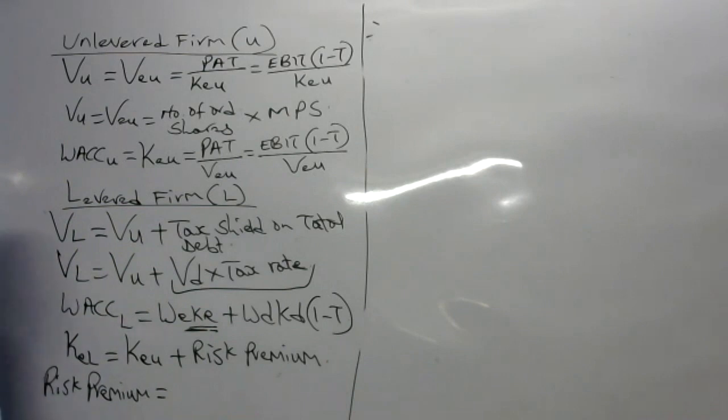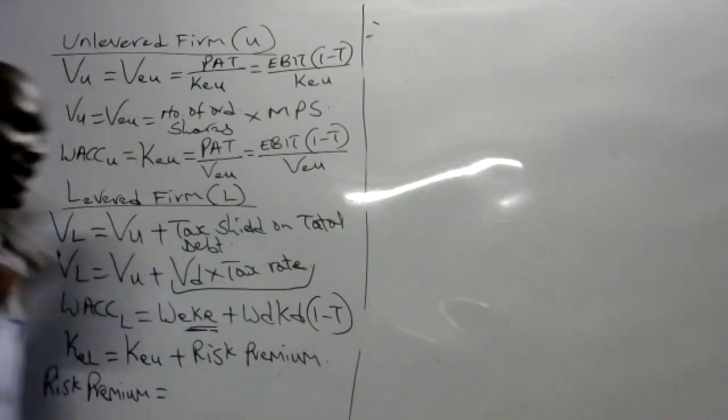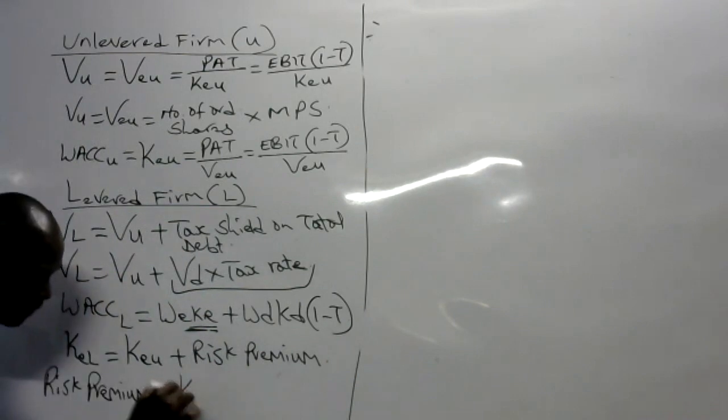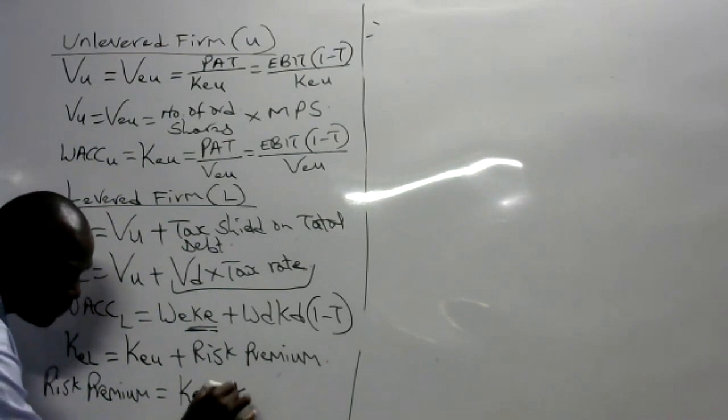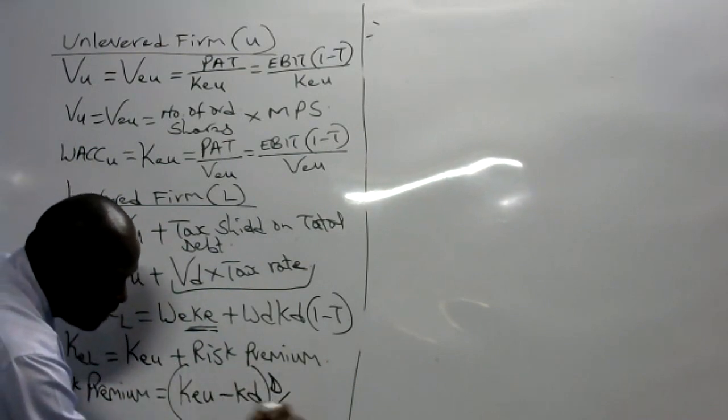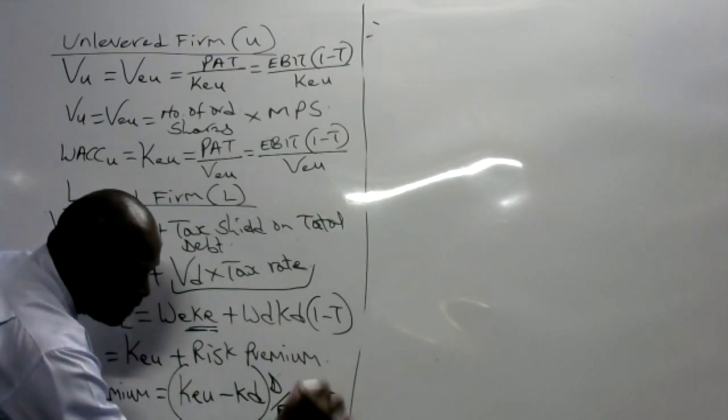Anyway, this premium ya portfolio ni RM minus RF. Lakini hiyo ni ya portfolio. Ya hapa sasa, the cost of equity of unlevered minus cost of debt times debt over equity adjusted for tax. Right?